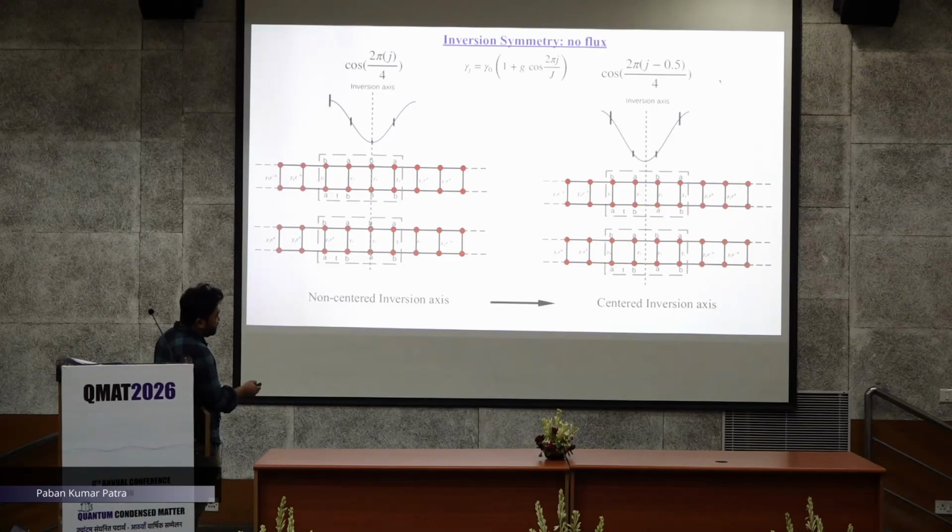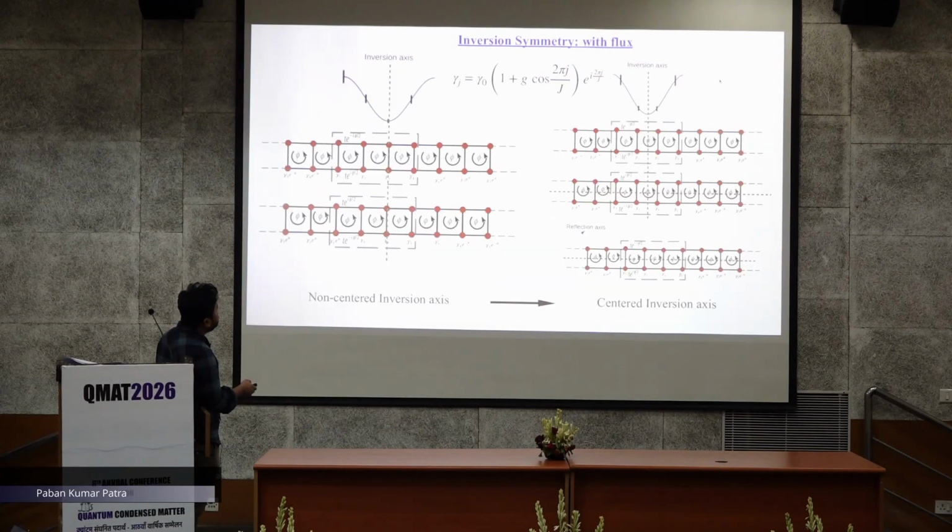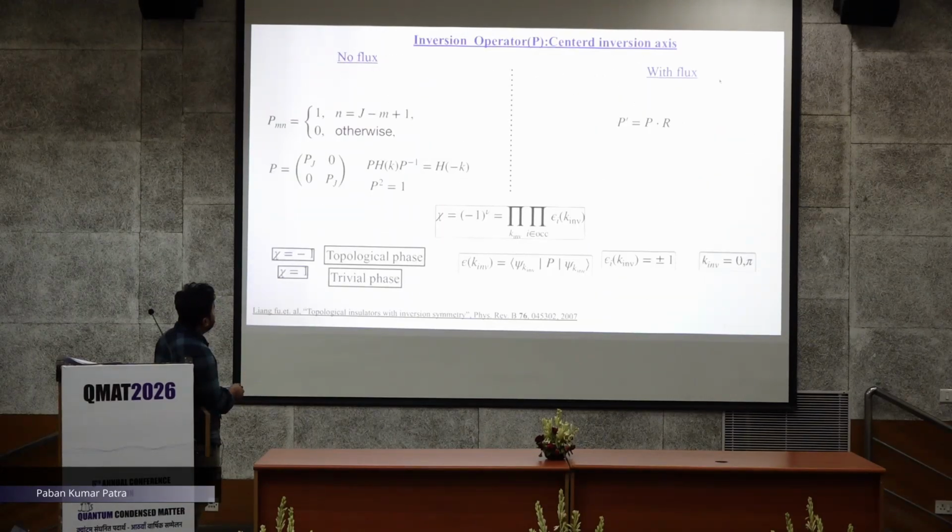So I am going to talk about this centered inversion axis for the next two cases. Similarly for the with-flux case, by changing j to j minus 0.5, I can find a centered inversion axis, but there is an additional reflection symmetry here. By this inversion operator, I can define an invariant, and by the Fock invariant, I can define a topological invariant for any band.